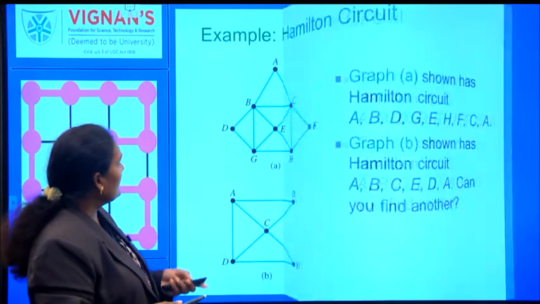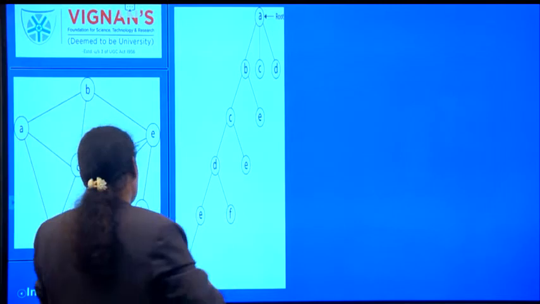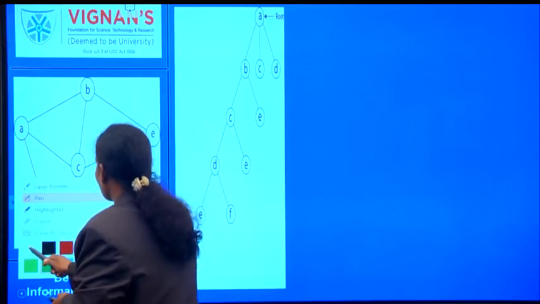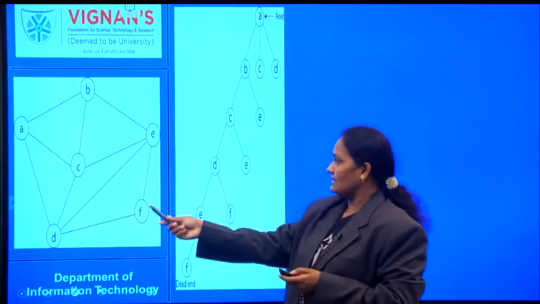Now let us see how to construct a state space tree for finding the Hamiltonian cycles in the given graph. This is the given graph.